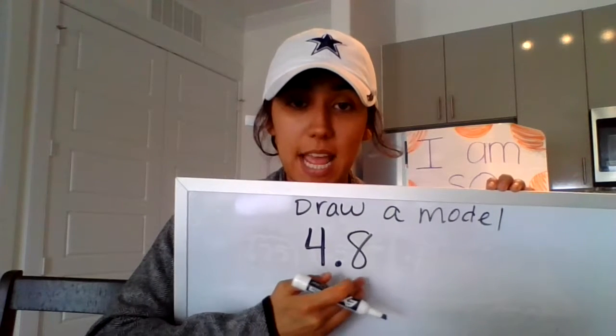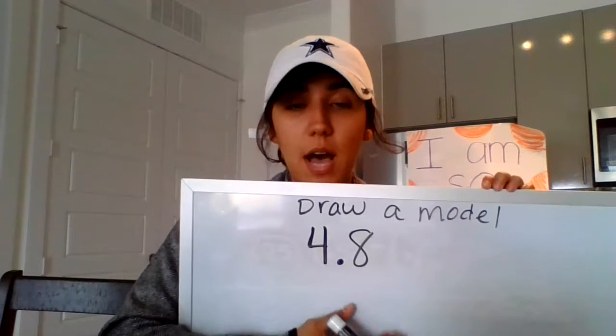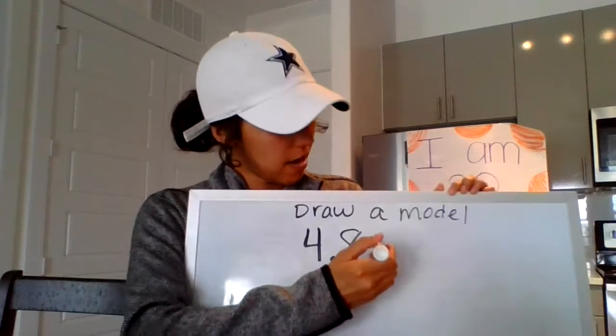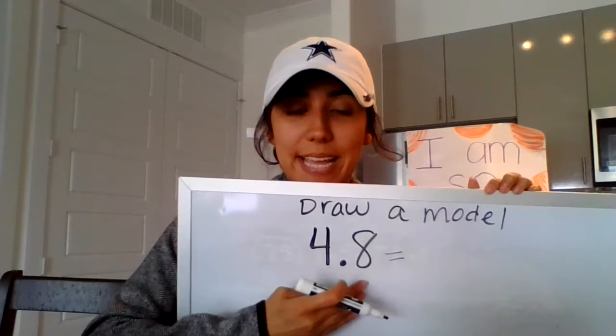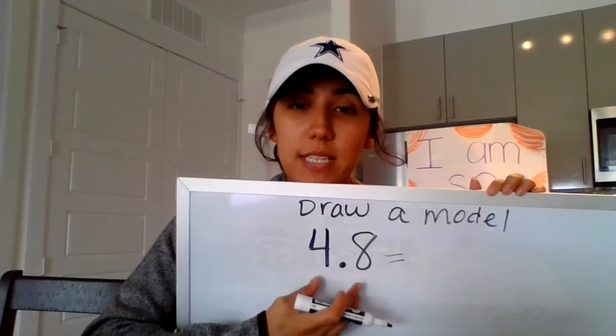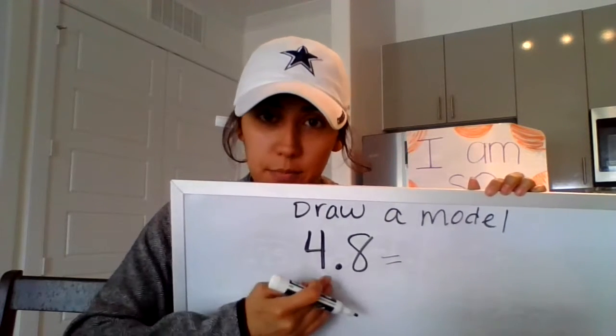So 4 and 8/10. Now before we move on into drawing a model, I want us to go ahead and find the equivalent fraction to 4 and 8/10. Remember, when a decimal and a fraction are equivalent, they sound the same when you read them, okay?